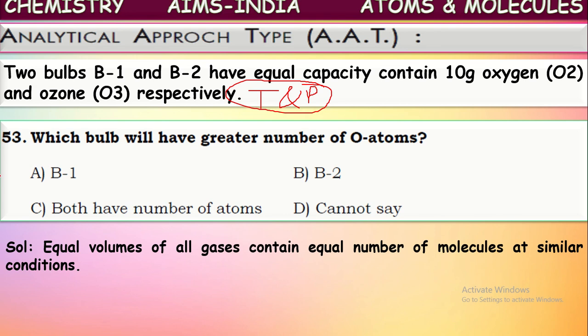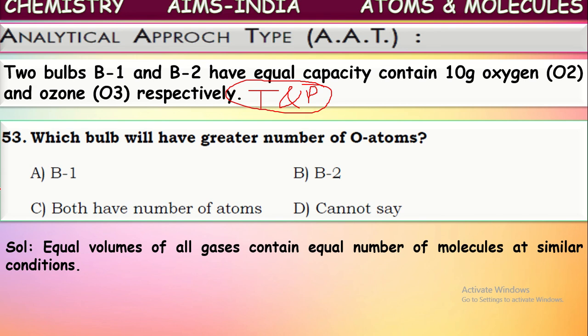So they mentioned here these two bulbs B1 and B2 contain the same volume. So equal volumes of gases are there. Now equal volumes of both the gases contain the same number of molecules. So now the number of molecules of oxygen and ozone are the same.